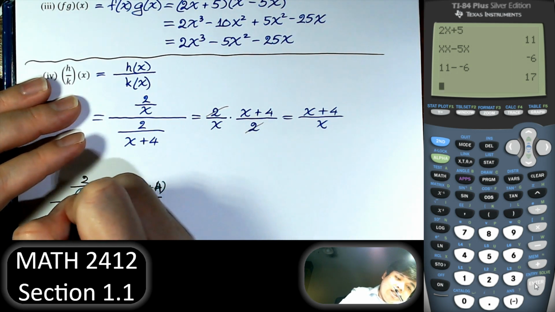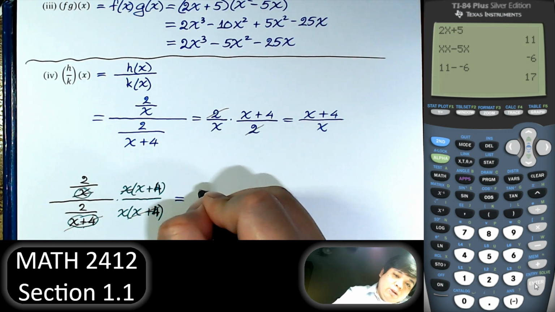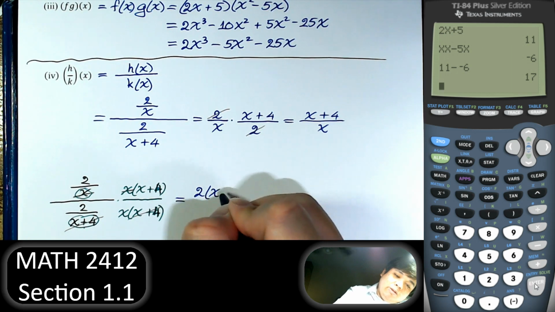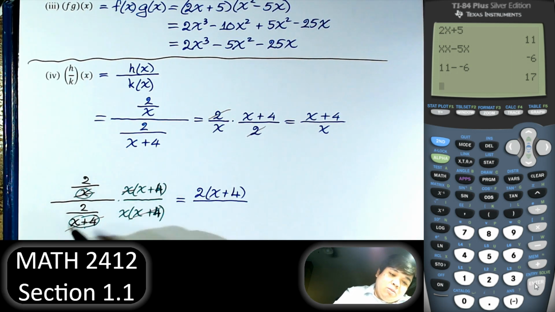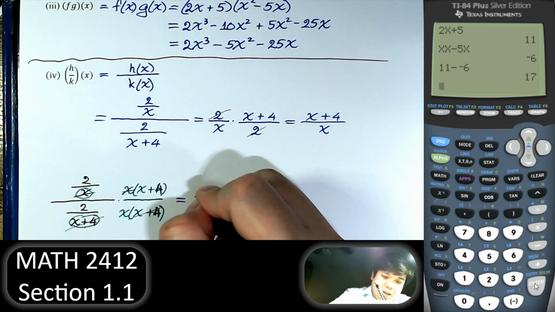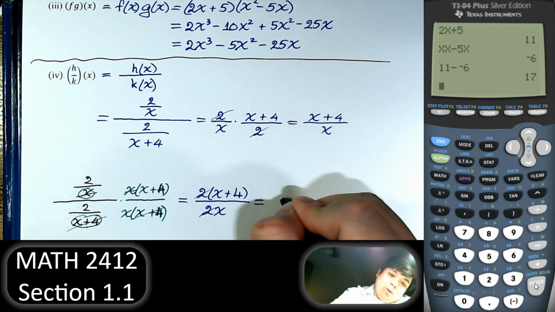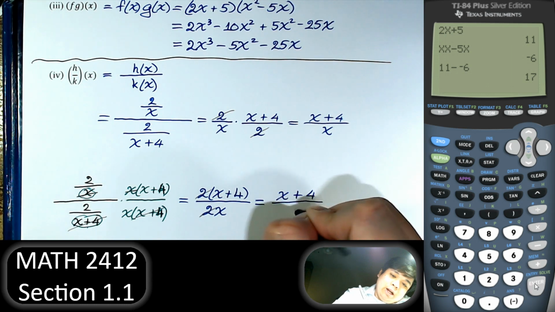And the x and this x cancel out. So we just have 2 times x plus 4 on the top. And x plus 4 cancel out 2x at the bottom. Cancel out the 2. We have x plus 4 over x.